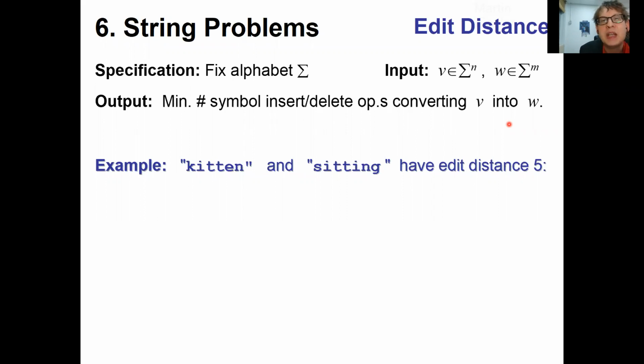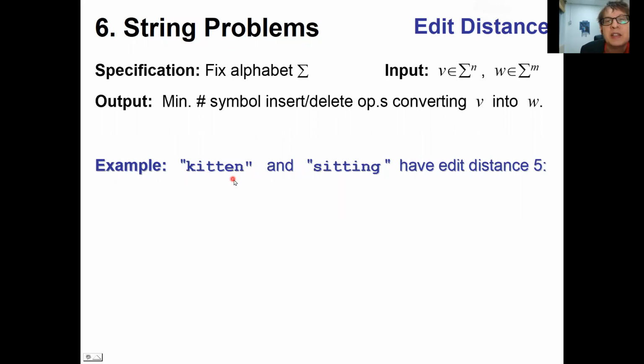Well, there's always the naive way of first deleting all characters of the first string. So that means deleting 6 characters, gradually deleting K, I, T, T, E, N. We have to indicate at which position the symbol has to be deleted, not the symbol itself. So deleting T is not an operation, but deleting the third character, that's an operation.